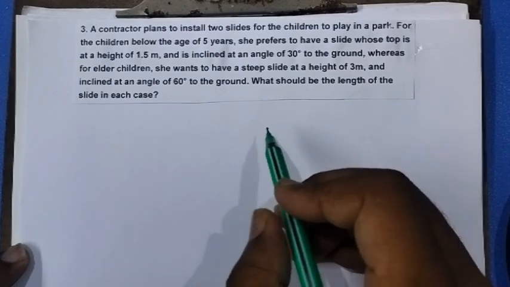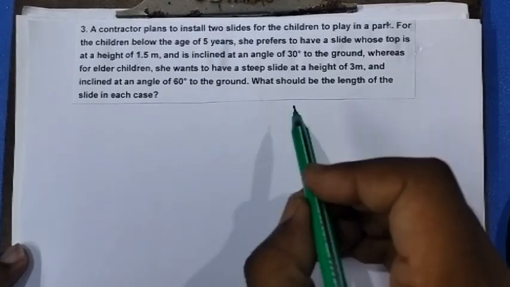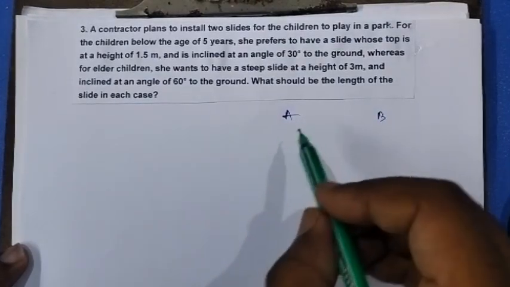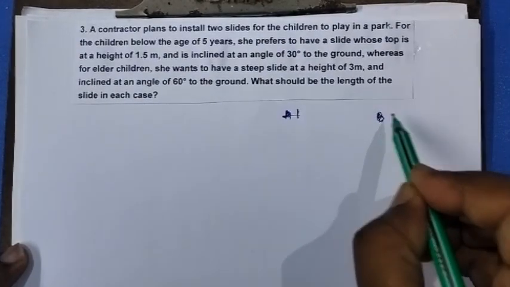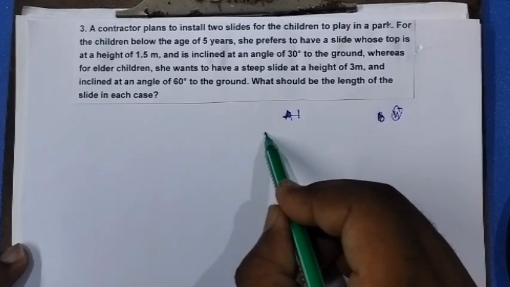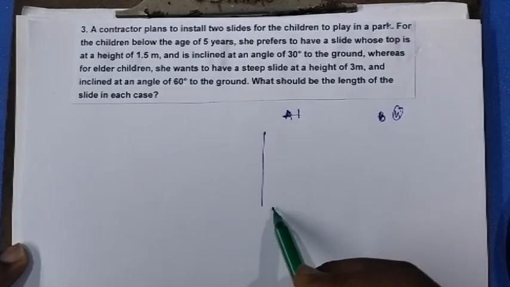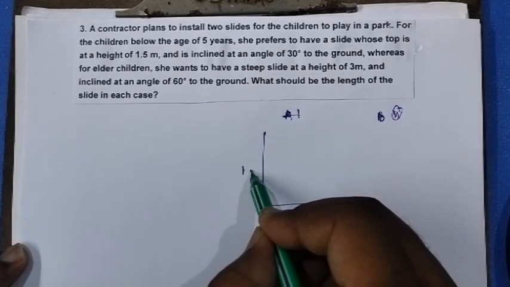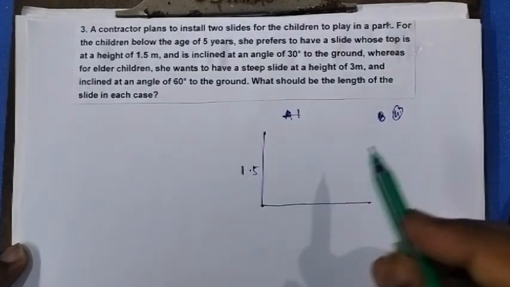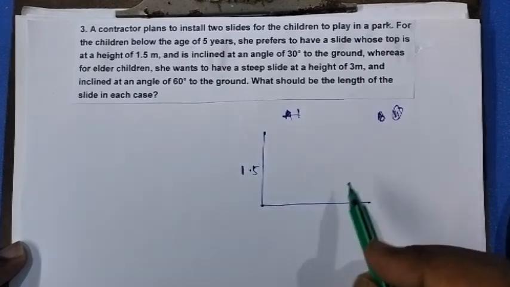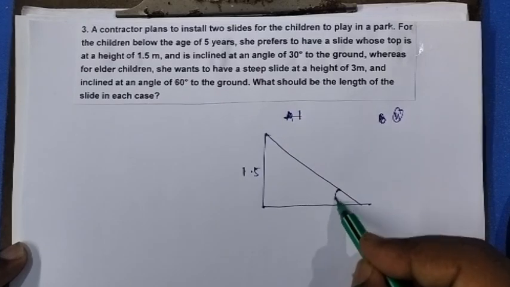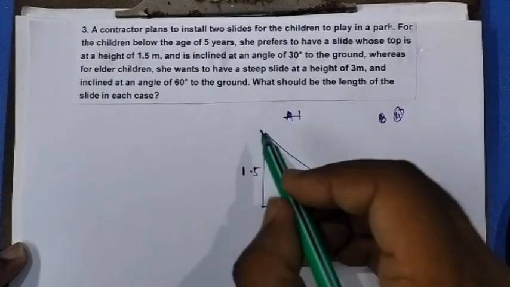We have to make two figures, figure 1 and figure 2. In figure 1, the height is 1.5 meter and the angle is 30 degrees.